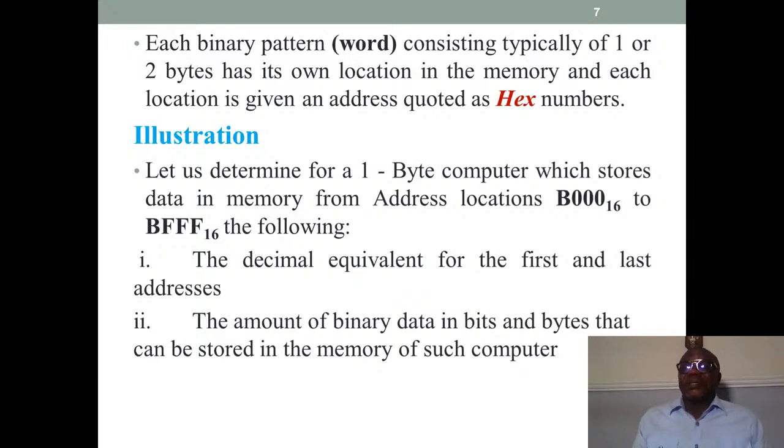Here, the first address is B000 in base 16, and the last address is BFFF in base 16. The second question is to determine the amount of binary data in bits and bytes that can be stored in the memory of such a computer.